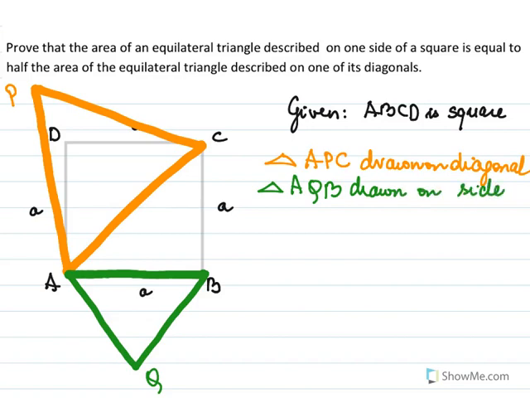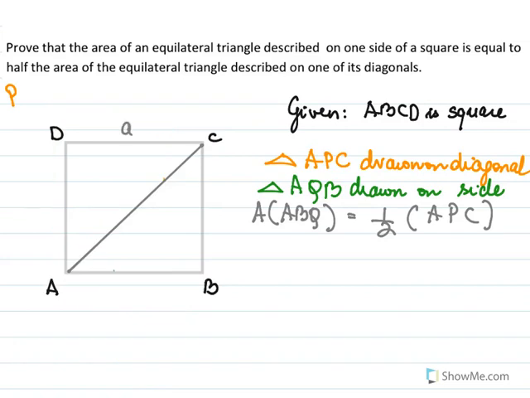What we need to show in this sum is that the area of the triangle drawn on the side, that is area of ABQ, is equal to half the area of APC. This is what we need to prove.